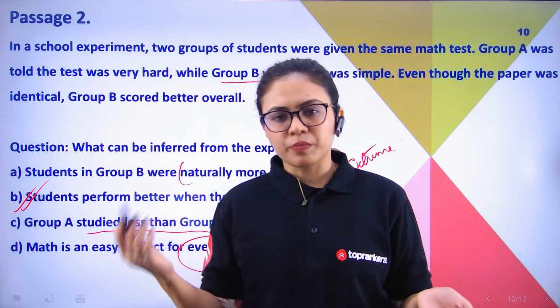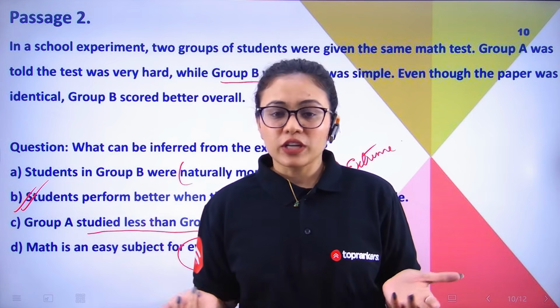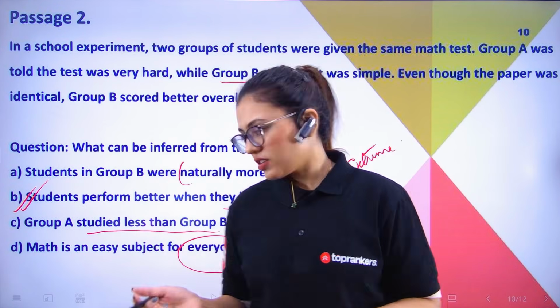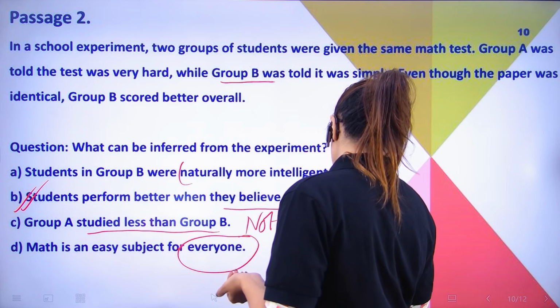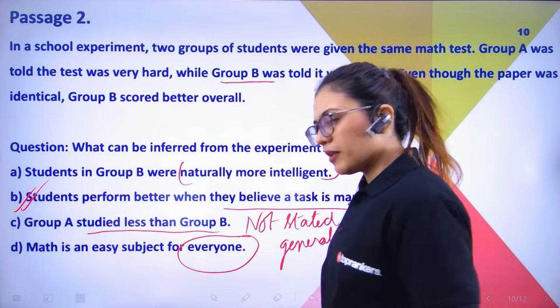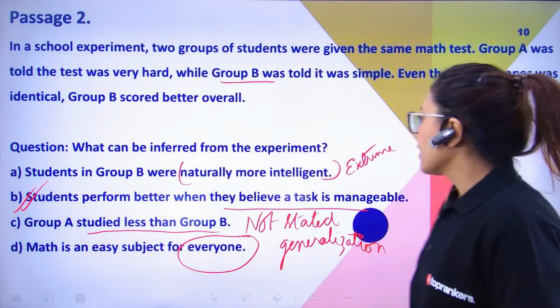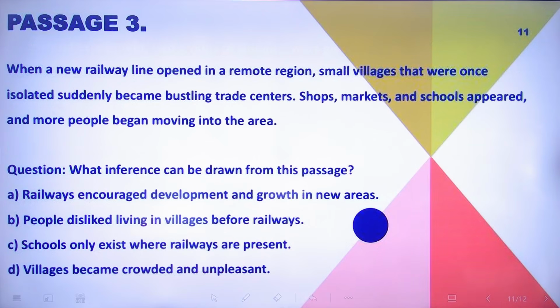Group A, Group B, doesn't really matter. अगर math सभी के लिए easy होता, तो first of all, it's a generalization, right? We are generalizing it. Secondly, had that been the case, both the parties A and B would have scored good marks, right? The next one.